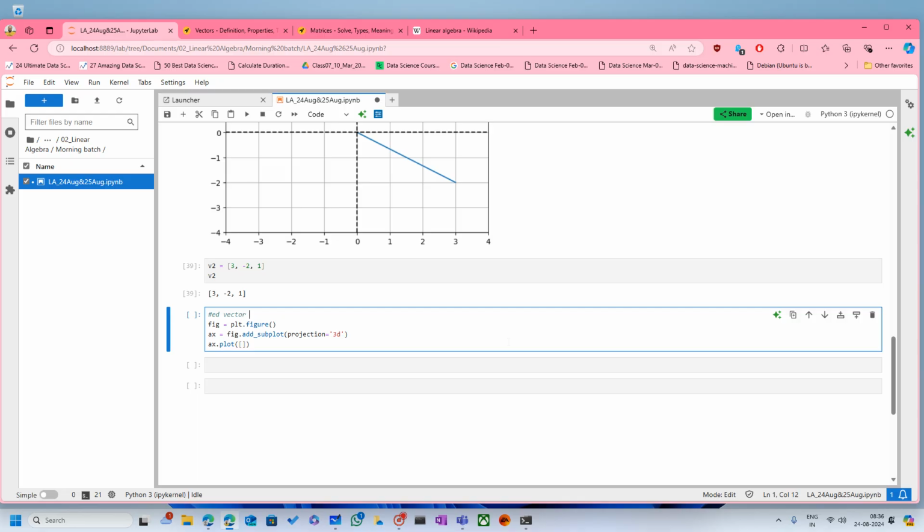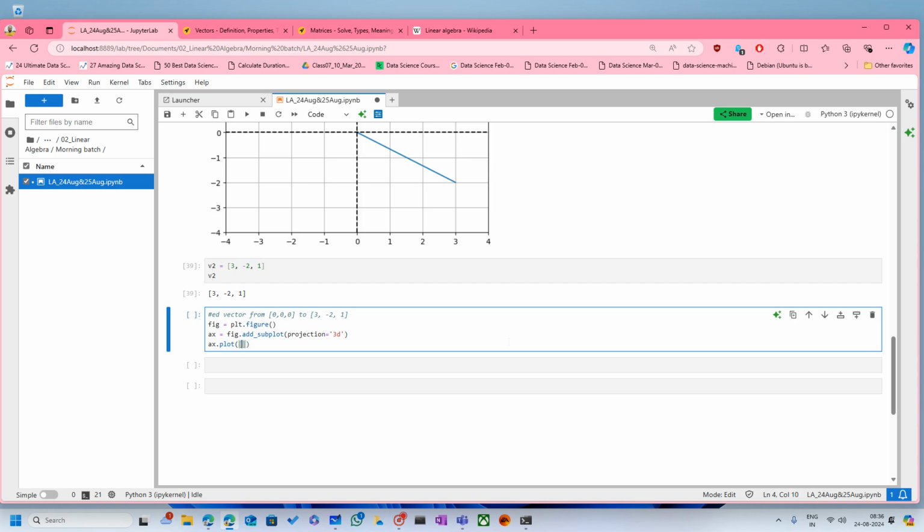A 3D vector going from 0 comma 0 comma 0 to 3 comma minus 2 comma 1.